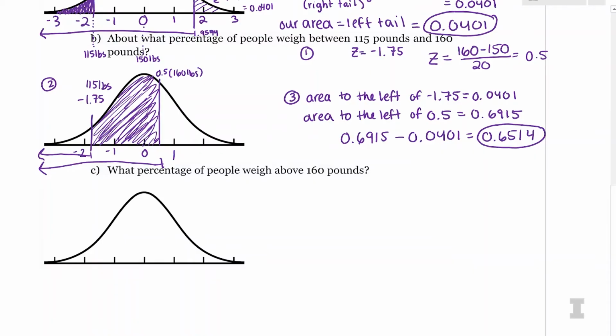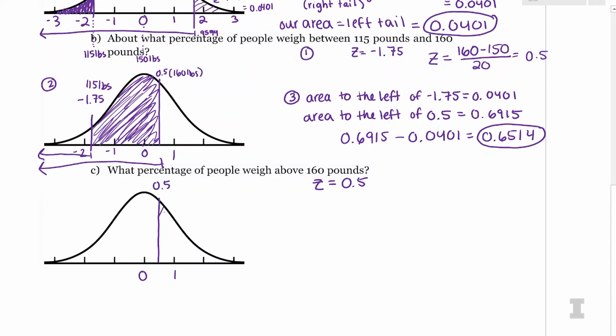So we can calculate any percentage that we're curious about for this data. The last question asks us what percent of people weigh above 160 pounds. This should be a quick one because we know 160 pounds is a z-score of 0.5. So I can go ahead and mark that on my standard normal curve. Here is 0.5.